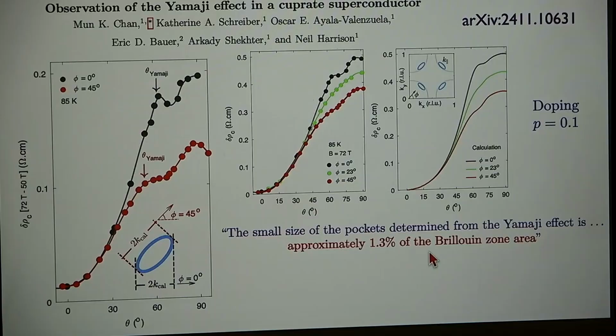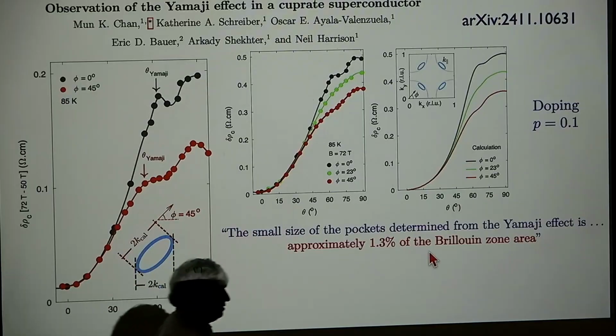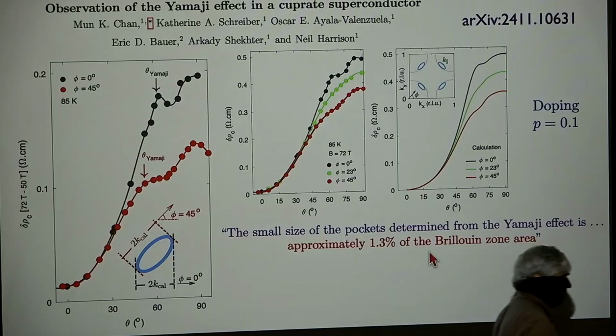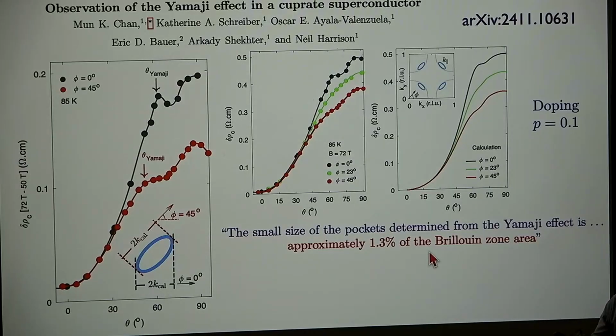Because if you didn't have a pocket, you wouldn't have this interpretation in terms of a peak. Yeah, the Yamaji idea has been confirmed thoroughly in many other simpler materials. And I think people who do magnetotransport knew all about it, and they've all been looking for years. Now it seems to have been seen.